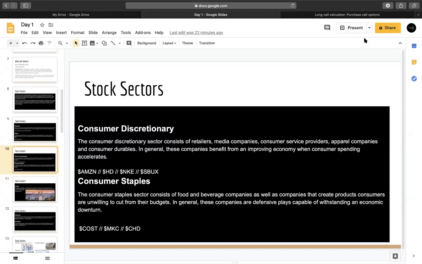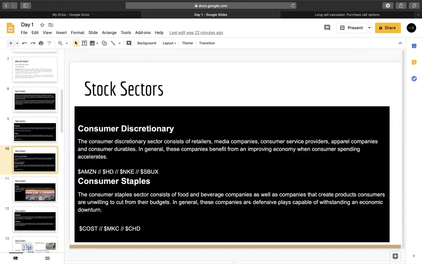If you want toilet paper, you have to go to Costco, Ralph's, Target, Walmart. So in general, these companies are defensive plays. They are able to withstand an economic downturn. Have you guys seen Costco right now?